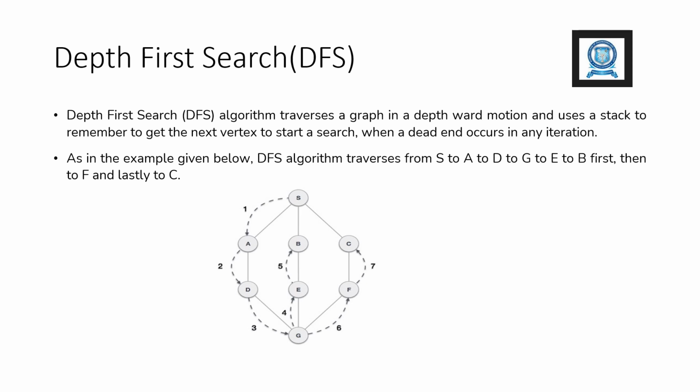As in the example given below, the DFS algorithm traverses from S to A and then A to D and then D to G, from G to E and E to B. There is no node from B. So again it moves backward to E and to G, and then it goes to unvisited node F, G to F and then F to C.